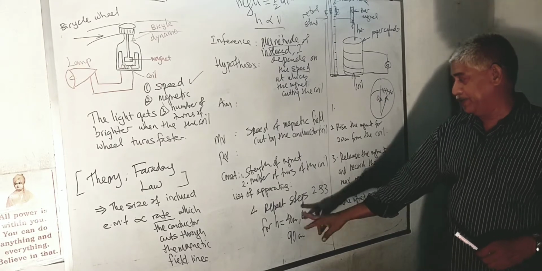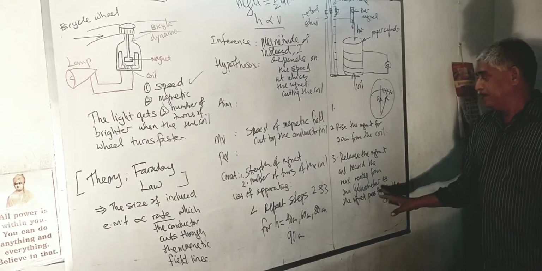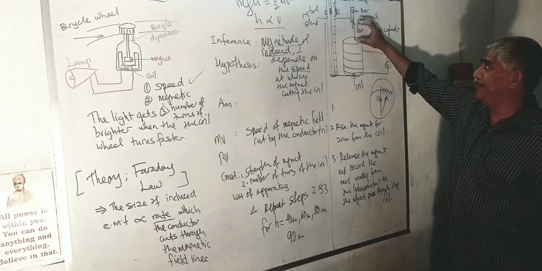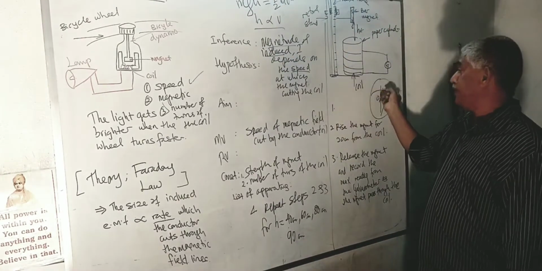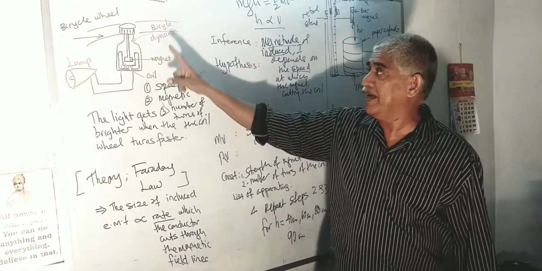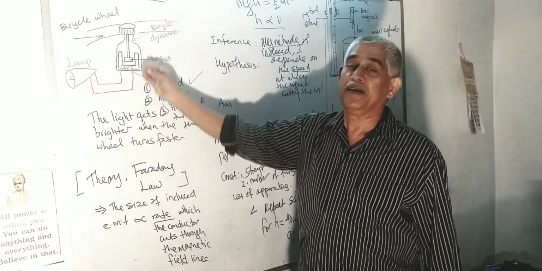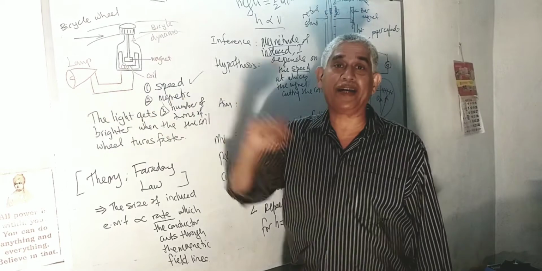Okay, so you repeat those steps. It's simple: you change the height. As you change the height, the speed is increasing, so you see the maximum deflection. The relationship here is, as this magnet goes faster, the greater the magnitude of current, so the brightness of the bulb changes.